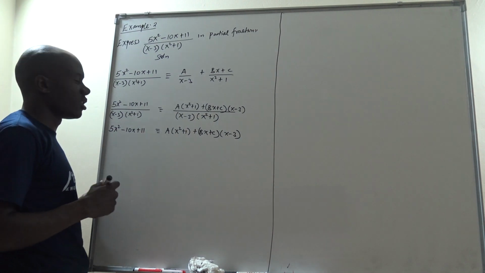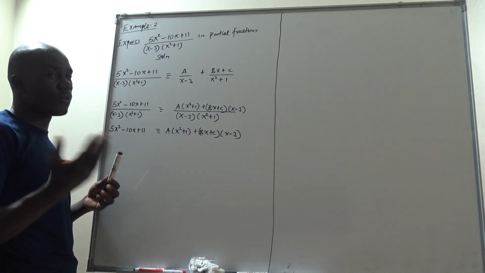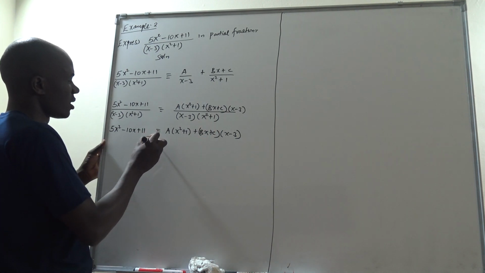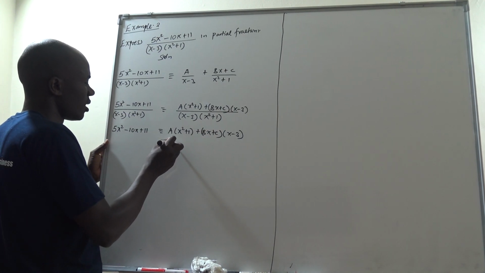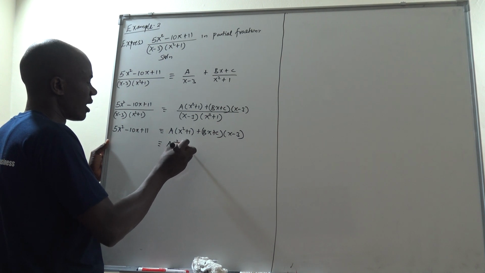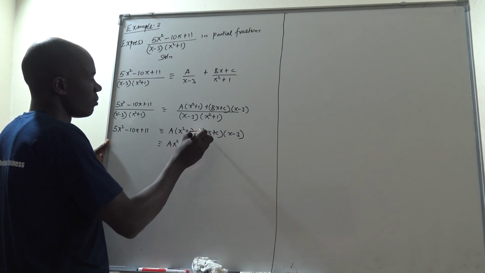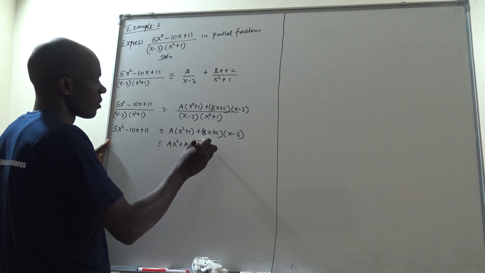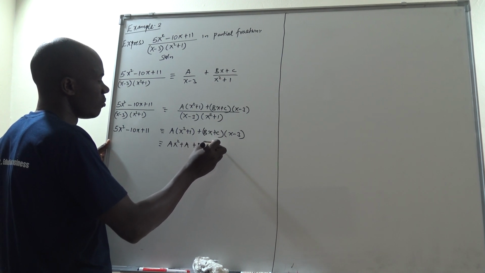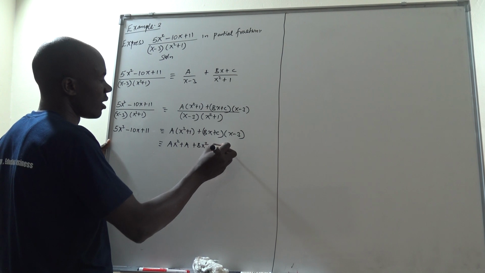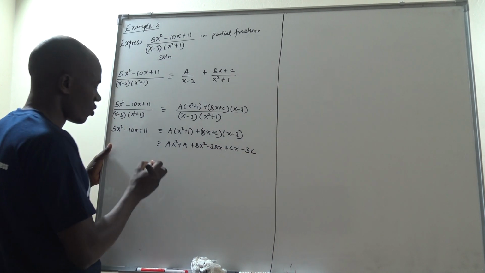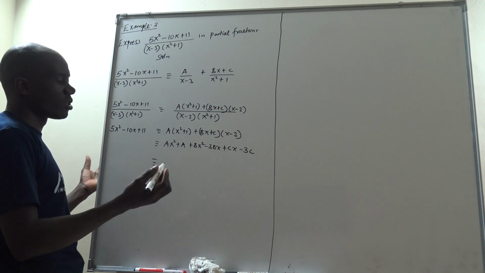So what we're going to do is this. Can we try to use equating the coefficients? I'm going to open up the brackets. This is the same as Ax² + A + Bx times x, we are getting Bx² − 3Bx, then plus Cx − 3C. So we go ahead and we collect terms, those ones with x².